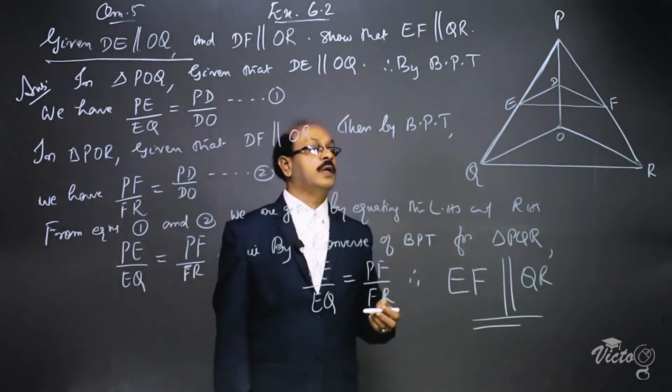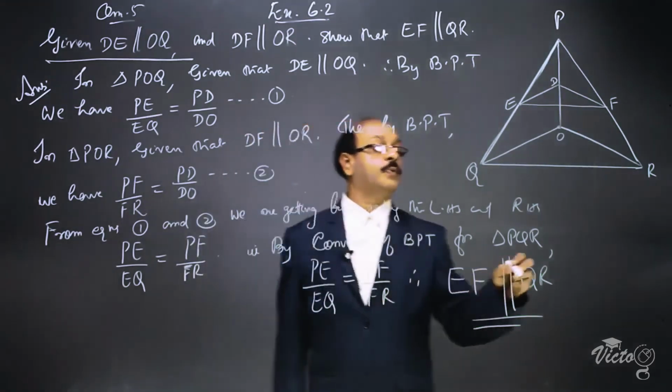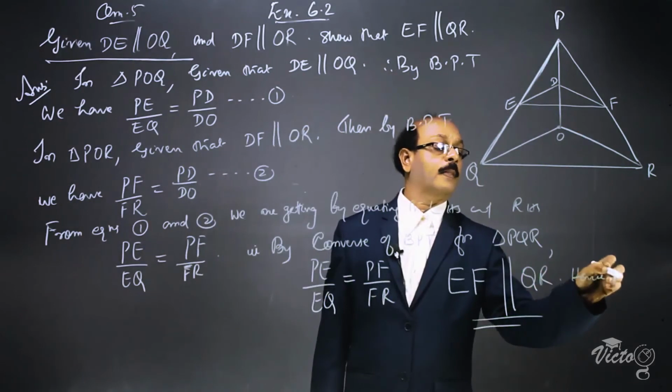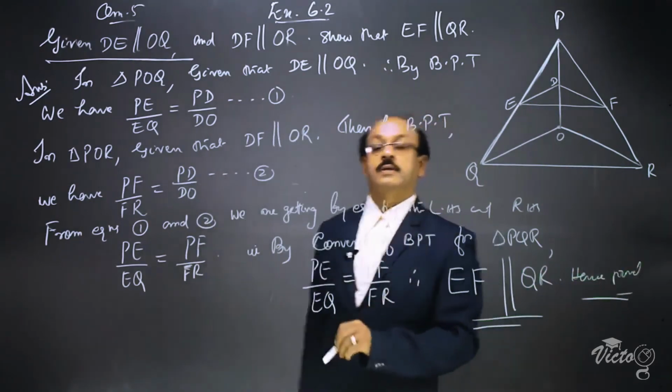Therefore, EF is parallel to QR by the converse of BPT. Hence proved. Hence we proved the result.